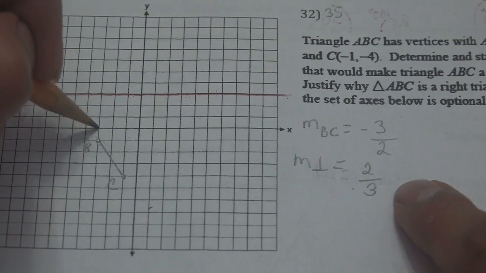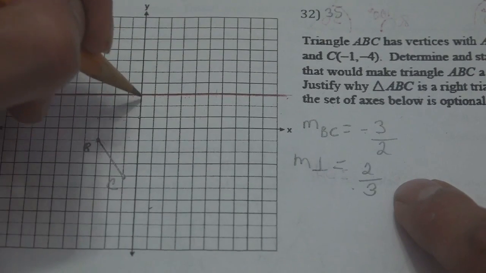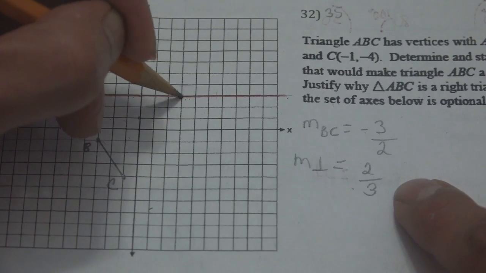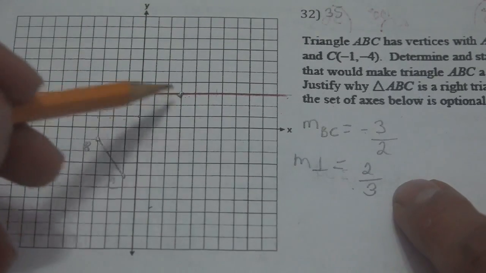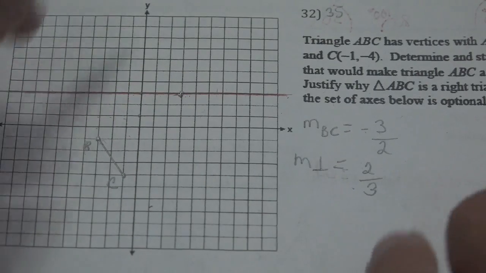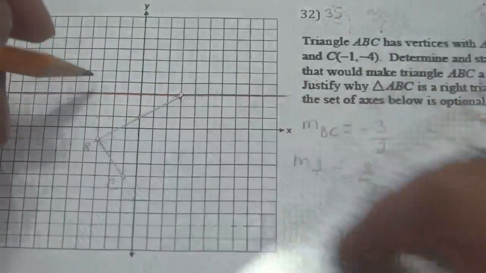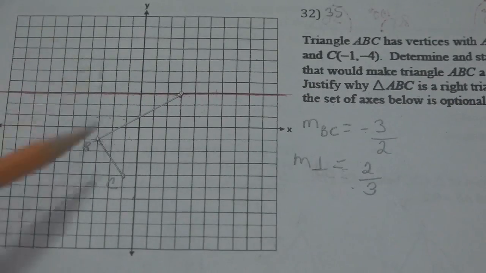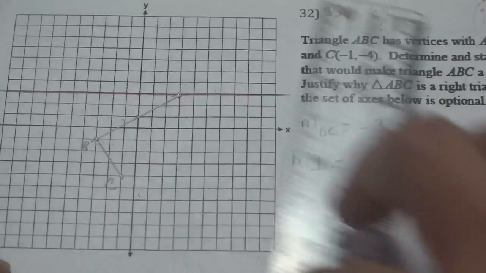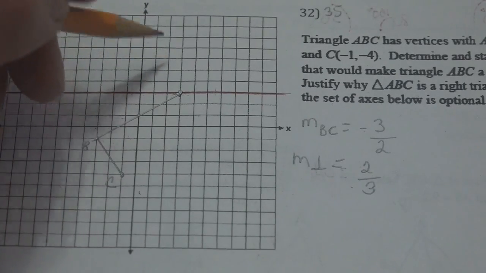So let's see. 2 up and 1, 2, 3. I found my first coordinate. You see, it has to lie somewhere in here where the y is 3. So right here, that makes it a right triangle. So we know what the coordinates of x are.